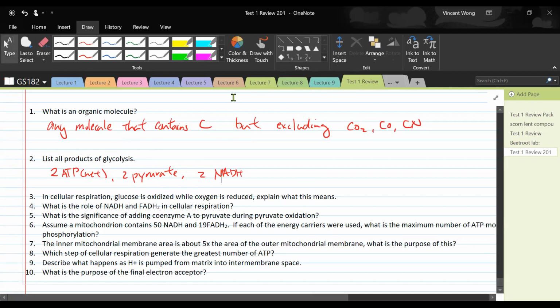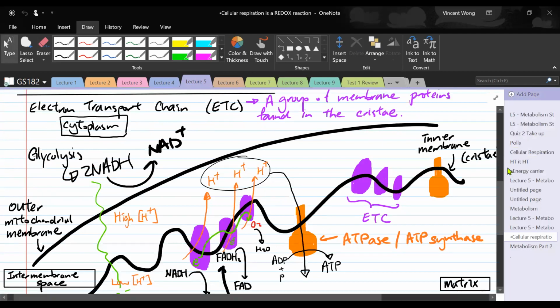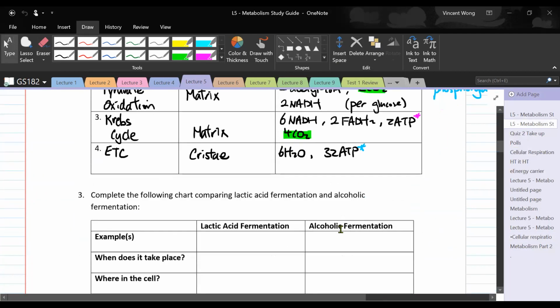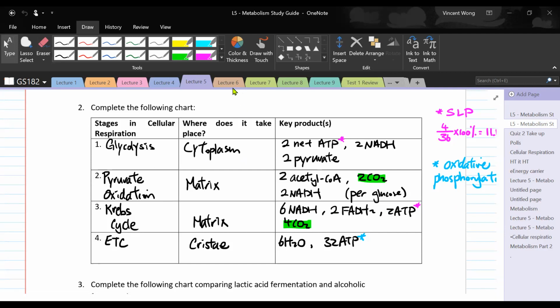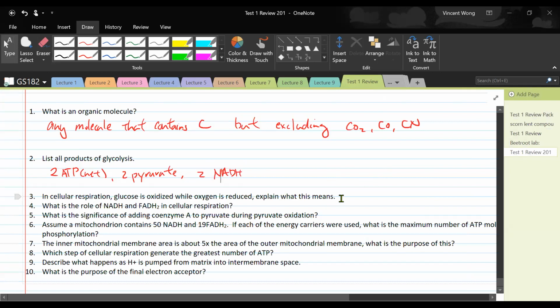So one good chart or table to have is like this one, right? That's a nice one to have. Rather than flipping through all of them and finding it, put it on a separate piece of paper. And there are a couple of other charts in each lecture that are particularly useful to have.